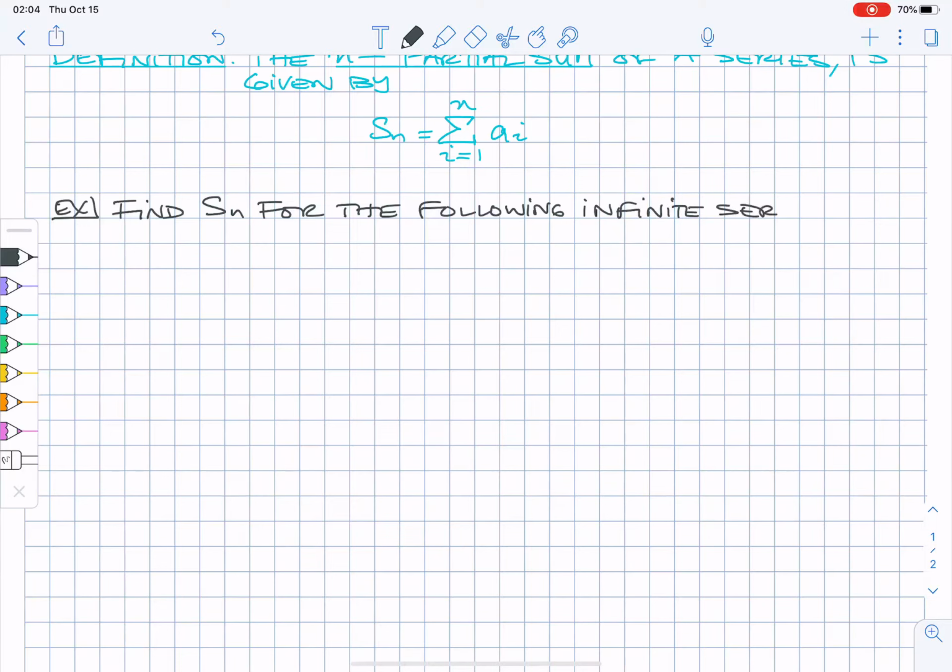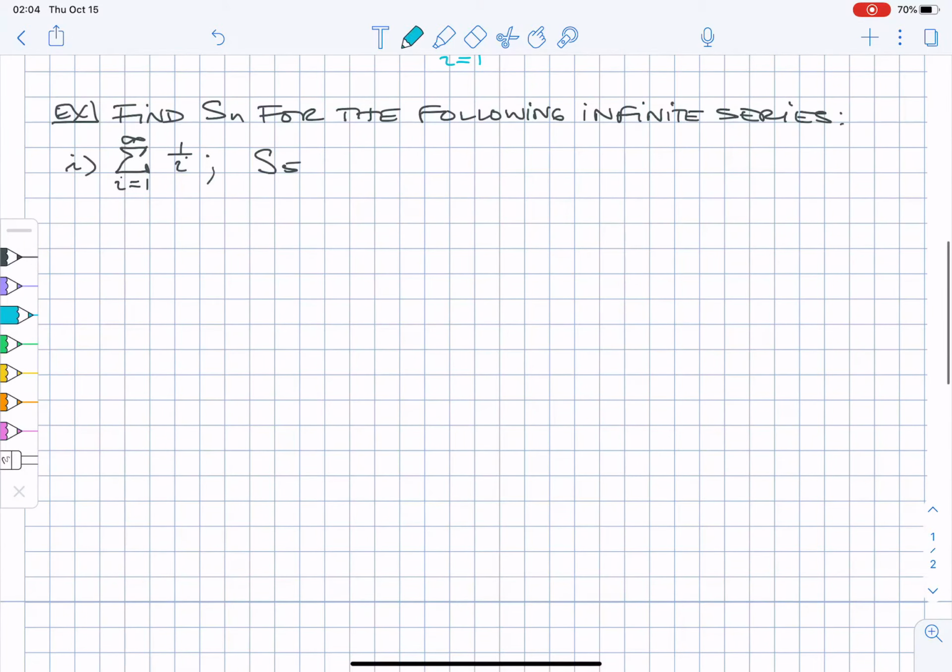And they could be finite series, it doesn't matter, but I'm just going to give them as infinite. So let's say we have the sum sigma as my index i counts from 1 to infinity of 1 over index. And I want you to find the fifth partial sum. So we want the sum of the first 5 terms.